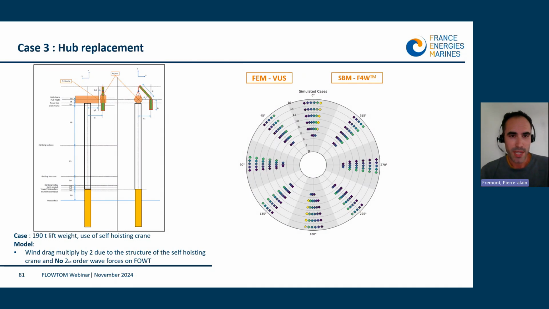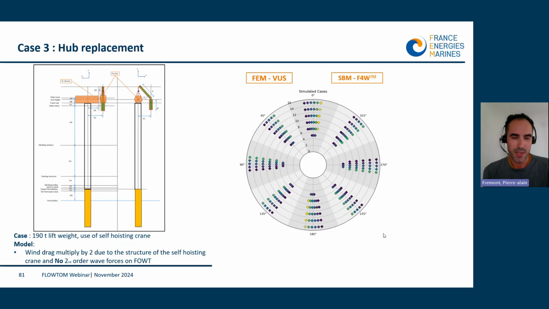So you can see on the left, this is a schematic, but we did not represent in the numerical model the connection to the tower itself. We don't focus on the structural integration, but we focus on the relative motions of the hub, which is lifted.